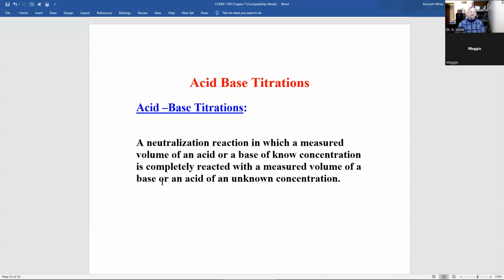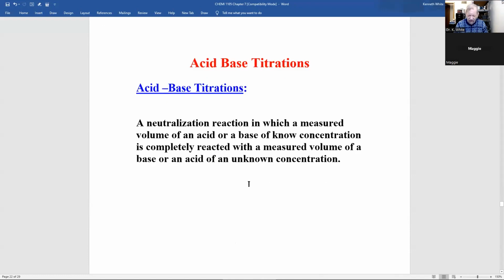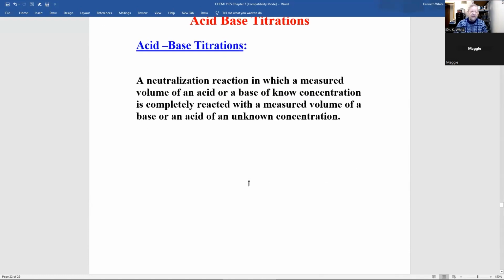An acid-base titration is a neutralization reaction in which a measured volume of acid or base of known concentration is completely reacted with a measured volume of an acid or base with an unknown concentration. And by doing a titration, you can determine the unknown concentration of that acid or base.